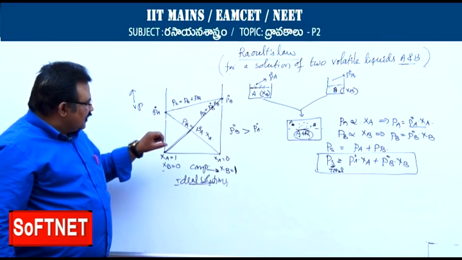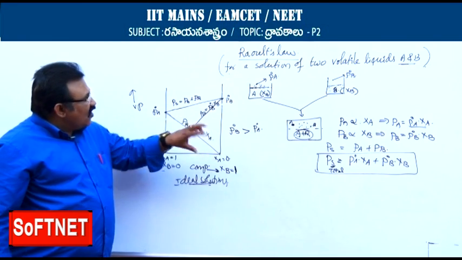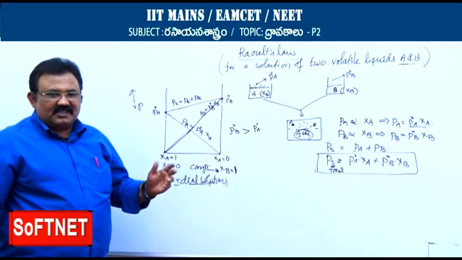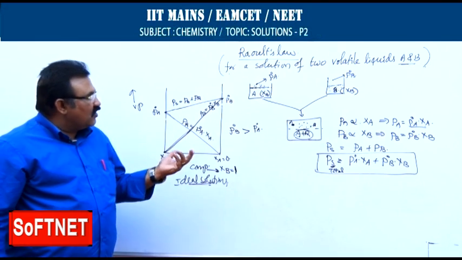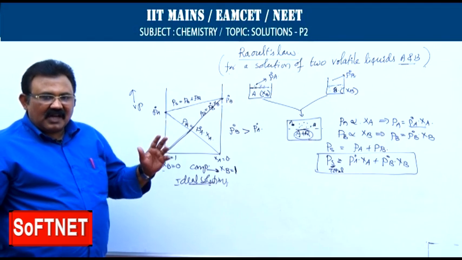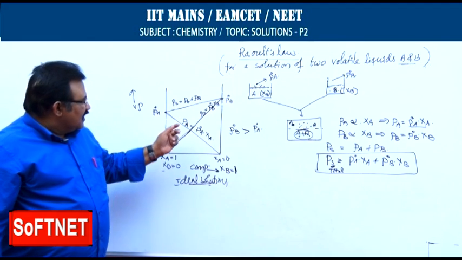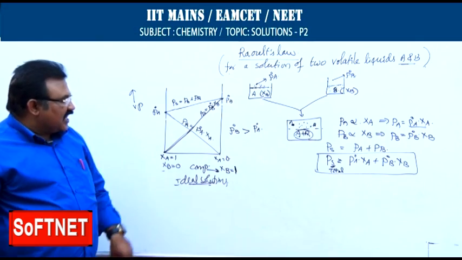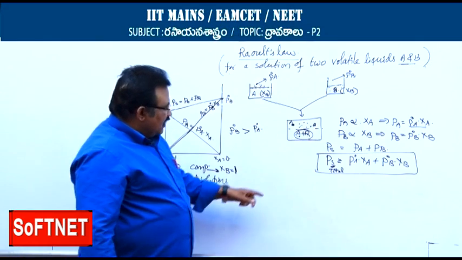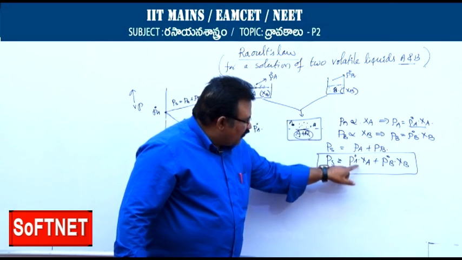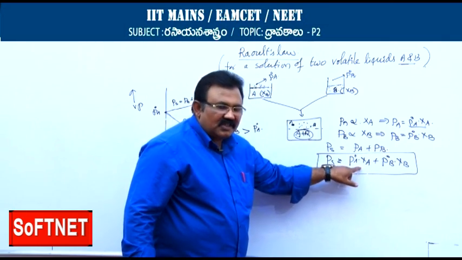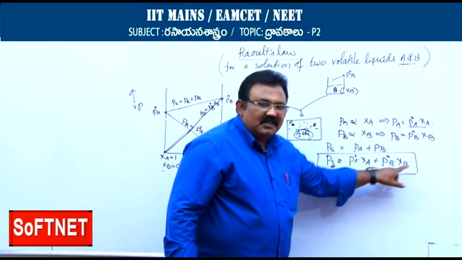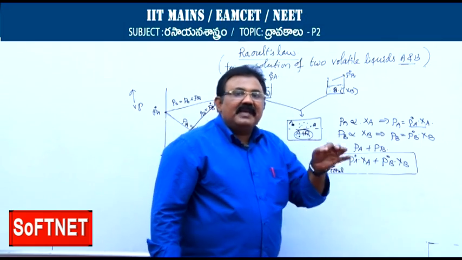Now, why is Raoult's law more advantageous, with a wide range of application over Henry's law? Because the vapor pressure of the solution can be calculated with respect to the mole fraction of A component and also with respect to the mole fraction of the B component.